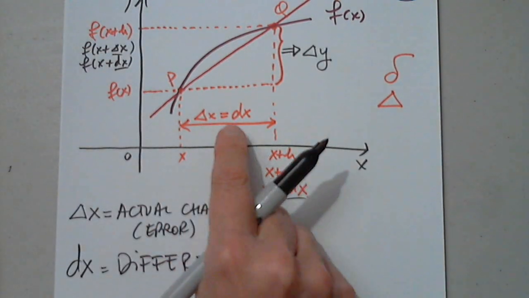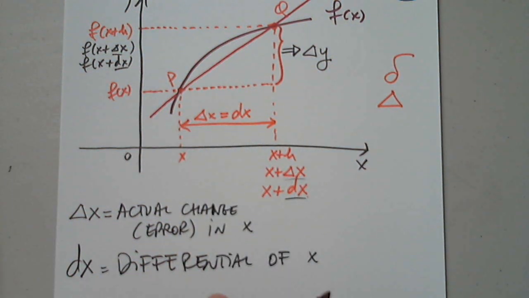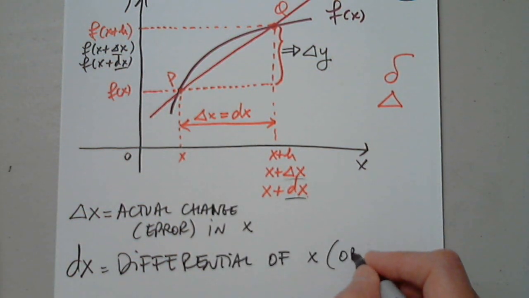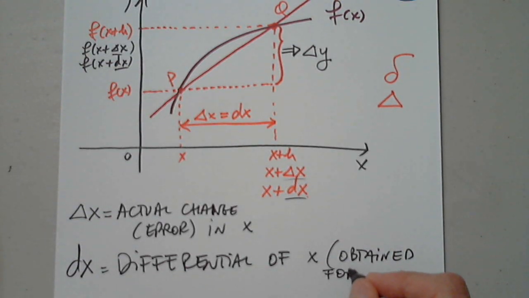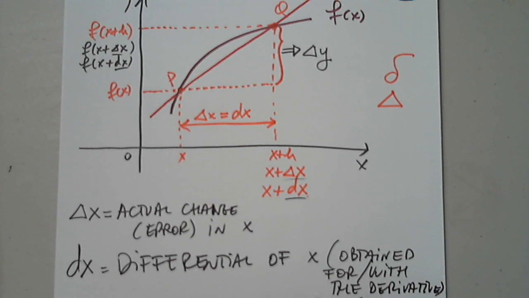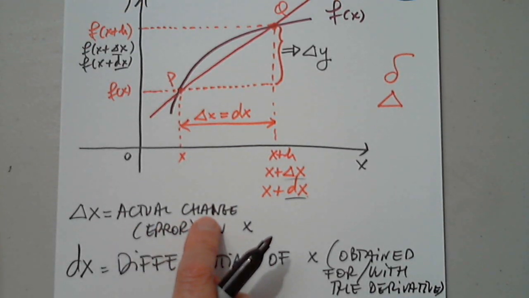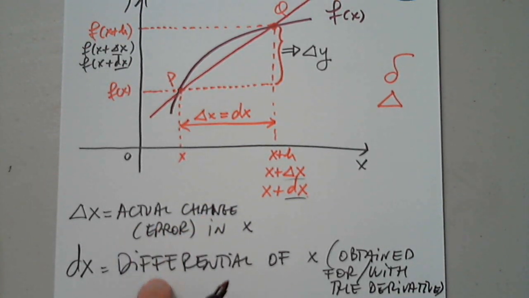The dx, which happens to be the same, is the differential of x. What is it? It's the same for x, but it's basically obtained with the derivative. It's connected to the derivative. That's why it's not the actual change. It has DIFF, something to do with the derivative, the differential, right?